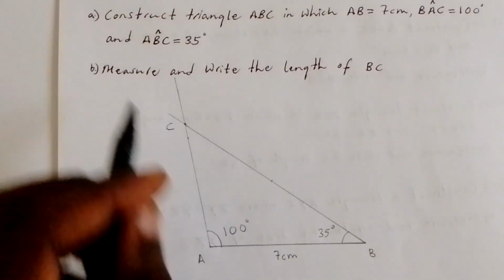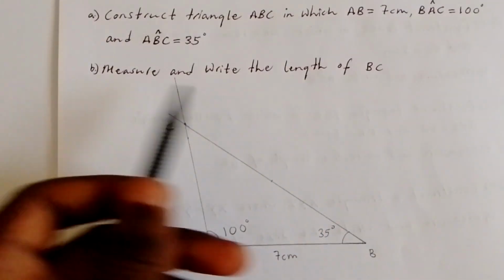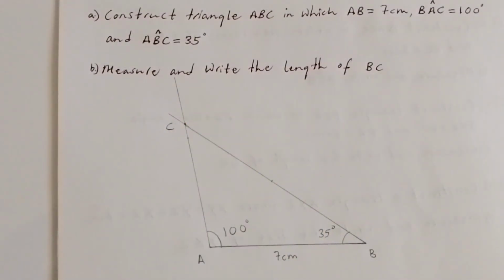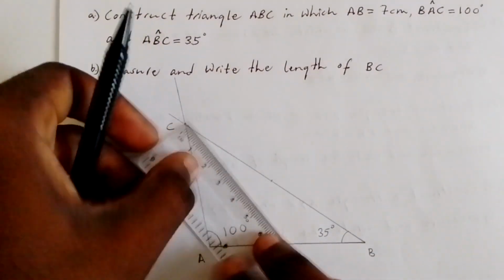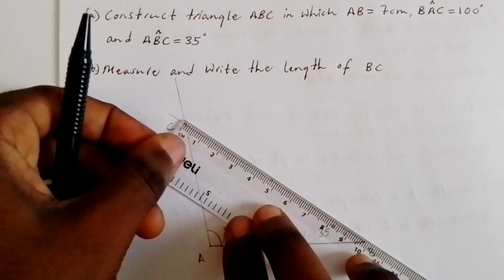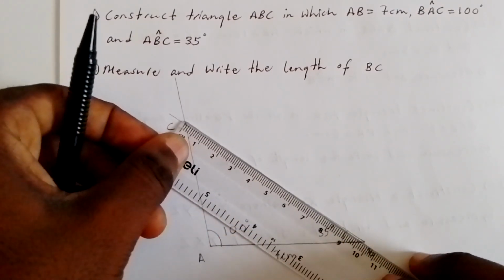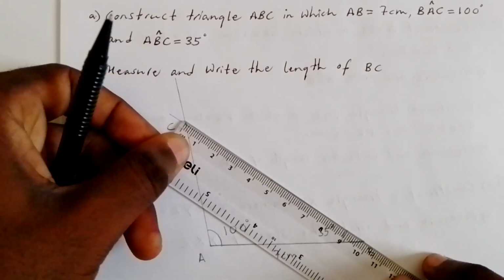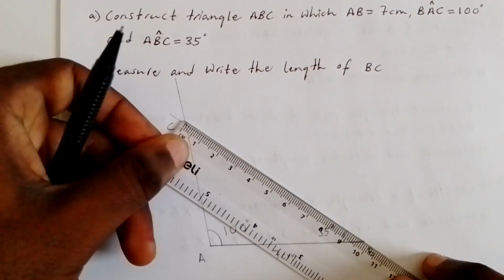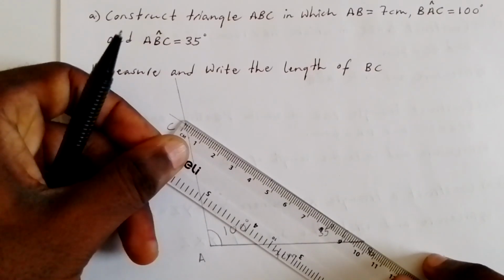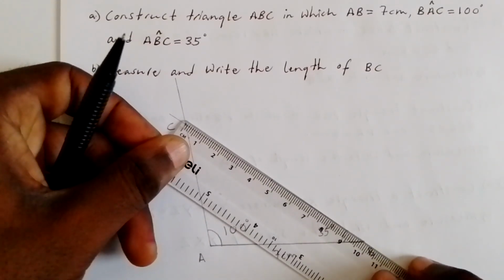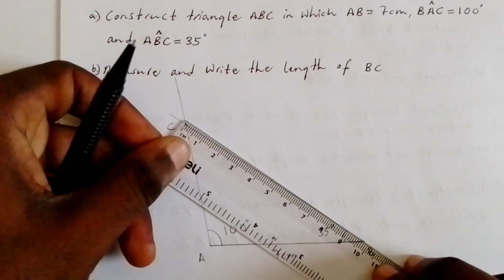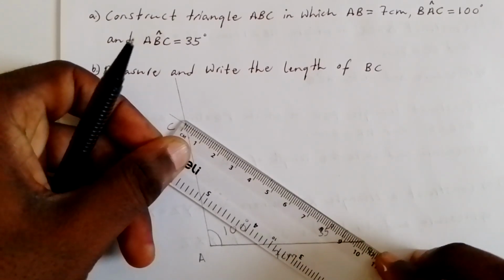Now out of this, you are asked to measure and write the length of BC. BC meaning this length here, from here up to somewhere there. So this is 9.8.